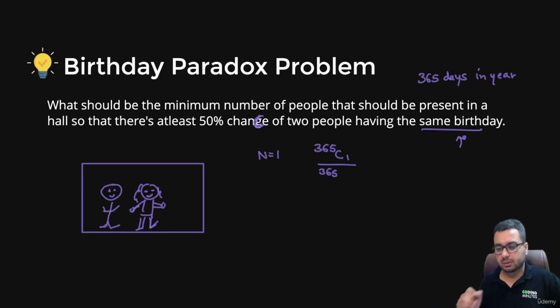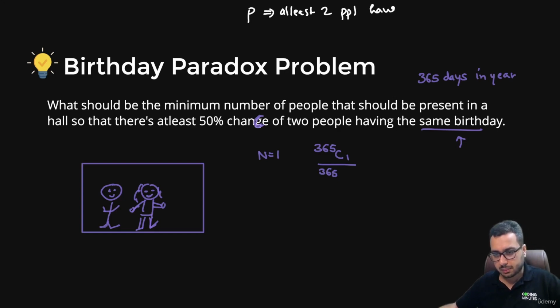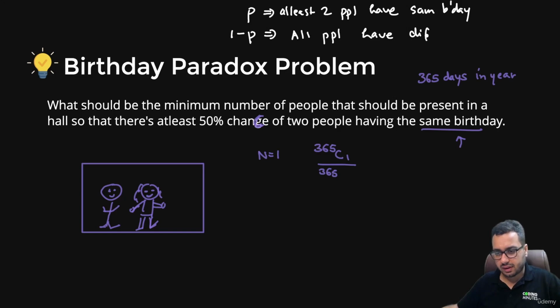So we are going to slightly twist this question. If p denotes the chance that at least two people have the same birthday, then 1 minus p denotes the probability that all people have different birthdays.